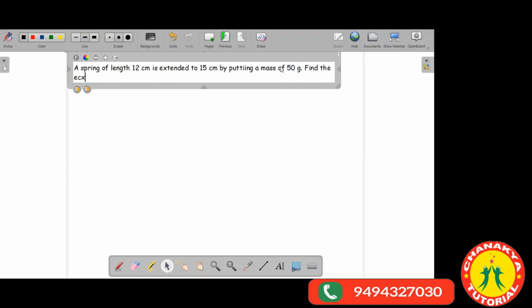Find the extension produced if the spring is loaded with 70 gram.